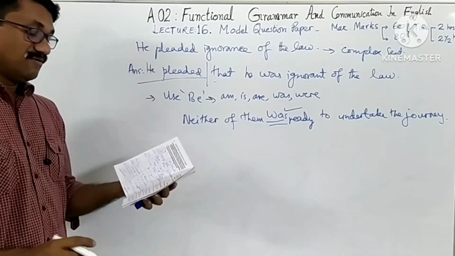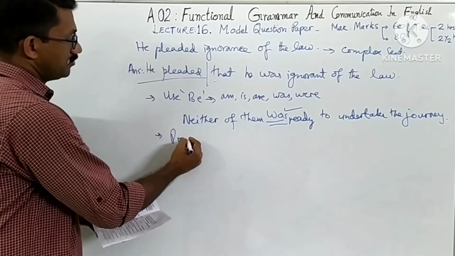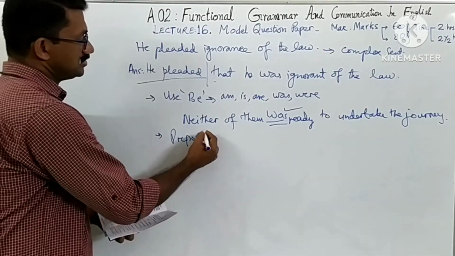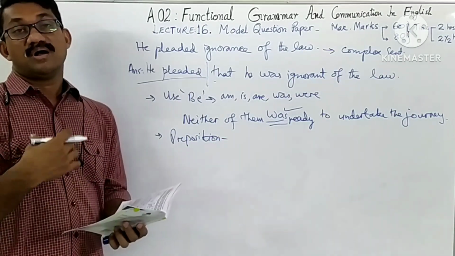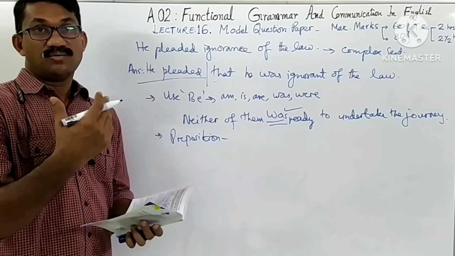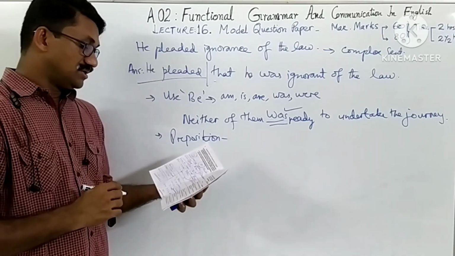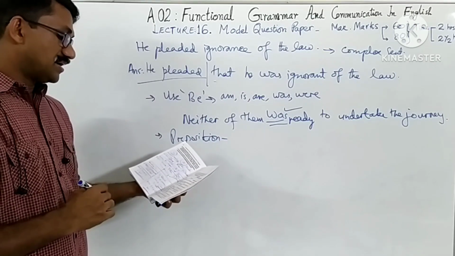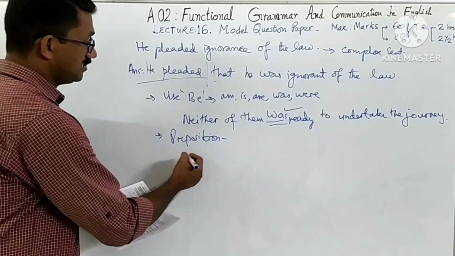Next question. Fill in with appropriate prepositions: of, on, under, down, etc. The sentence is, it was dash a sunny day in January that she got married.